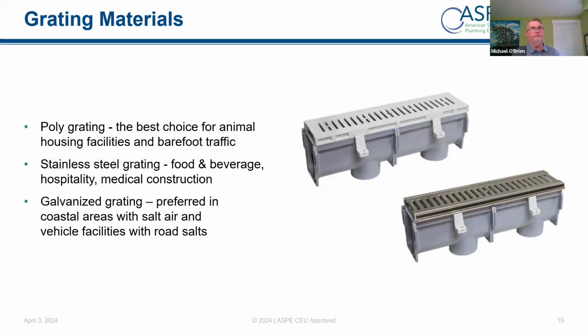Stainless steel grating, again, food and beverage, hospitality, medical, is really important in those types of facilities because it's very easy to clean to the sterilized level. And then galvanized grating, you'd see that more in coastal areas because it handles salt air and road salt better than stainless steel or the other materials.